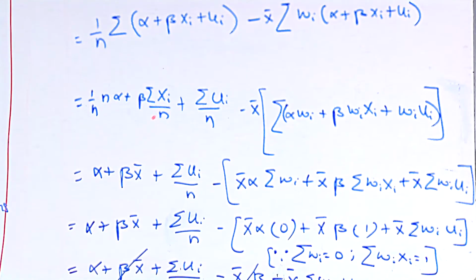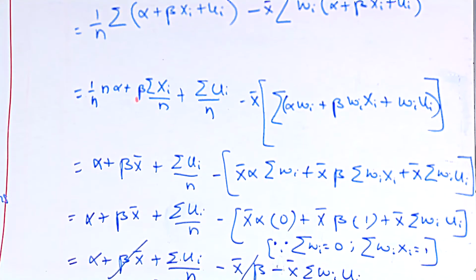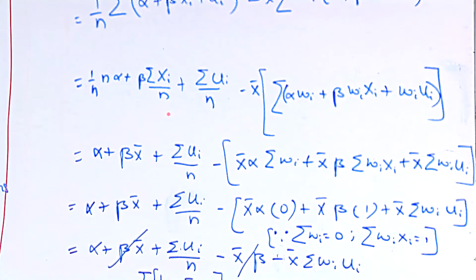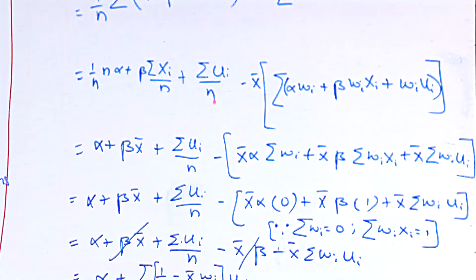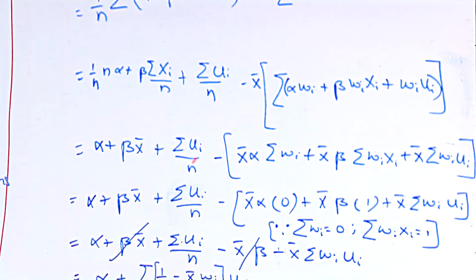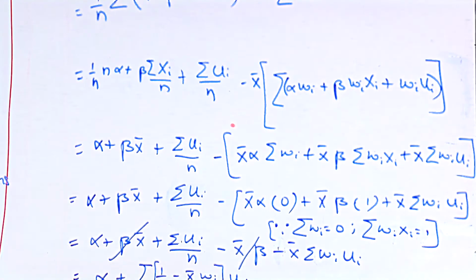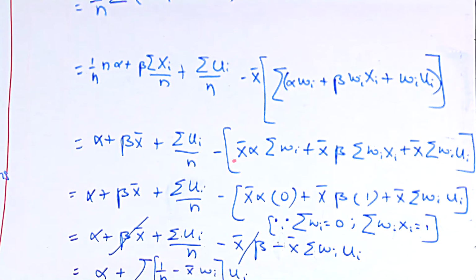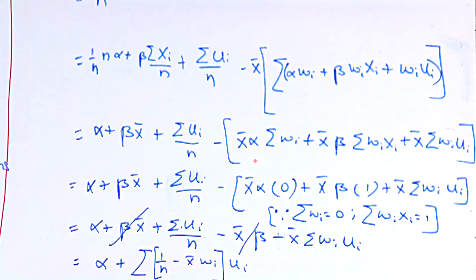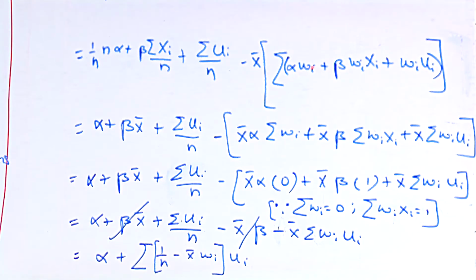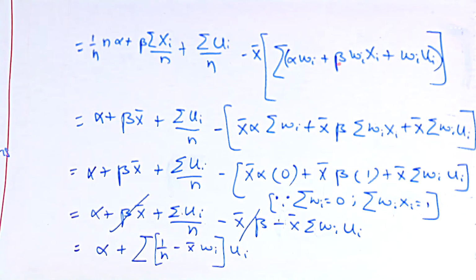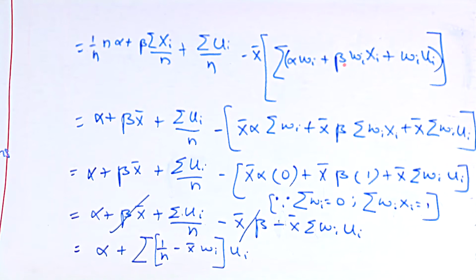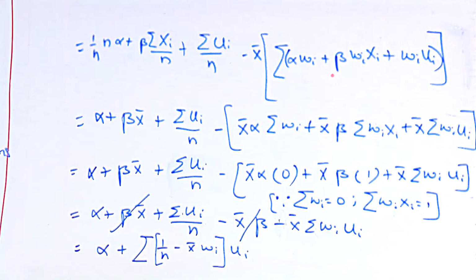So alpha plus this sigma xi by n is x bar. So beta x bar plus sigma ui by n, you get minus, and within this expression you get x bar alpha into sigma Wi. The second expression, this beta is taken outside and already one x bar is there.